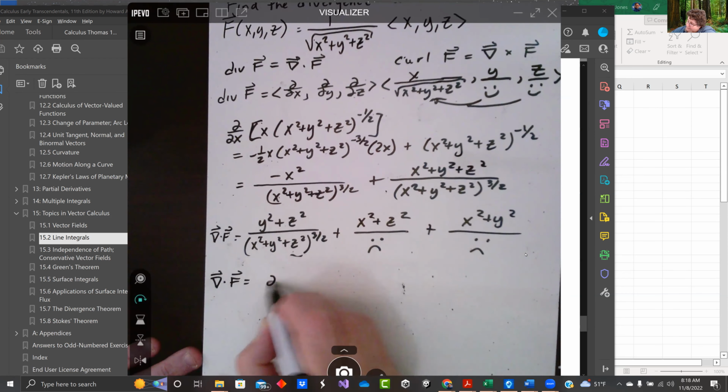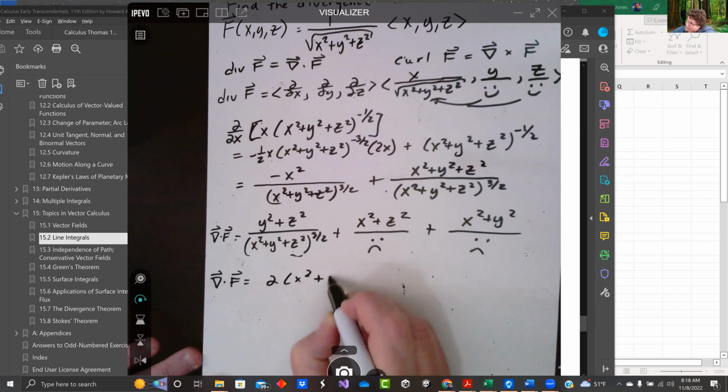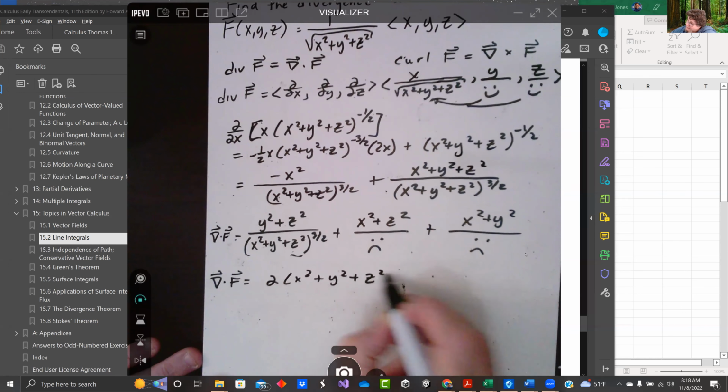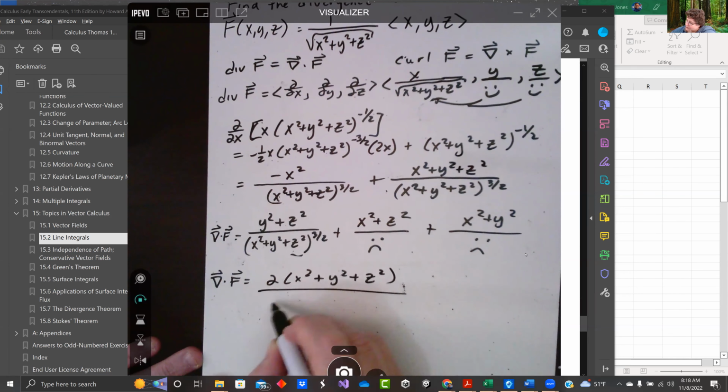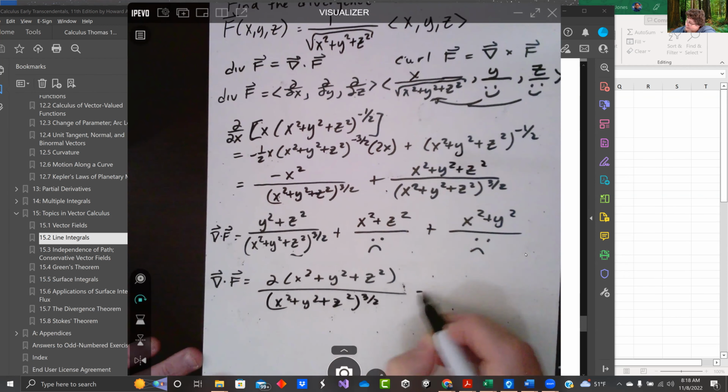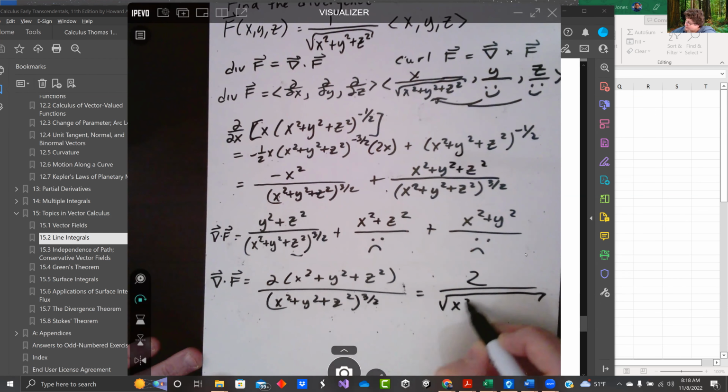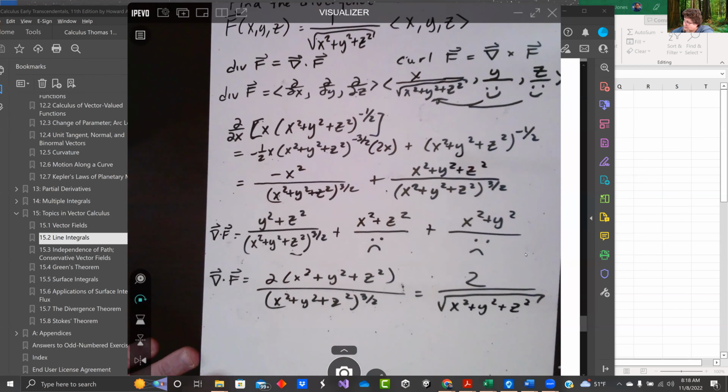We actually get 2 times x squared plus y squared plus z squared over x squared plus y squared plus z squared to the 3/2, and that simplifies to 2 over the square root of x squared plus y squared plus z squared. Good catch.